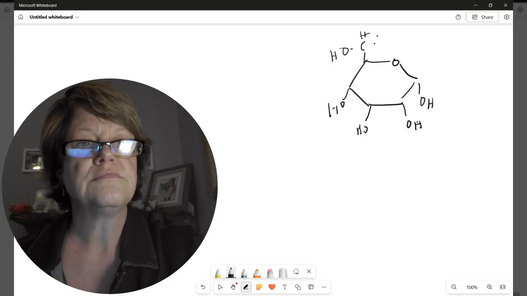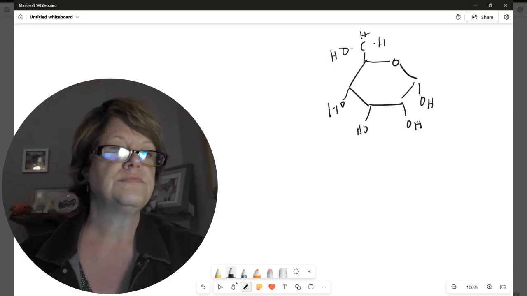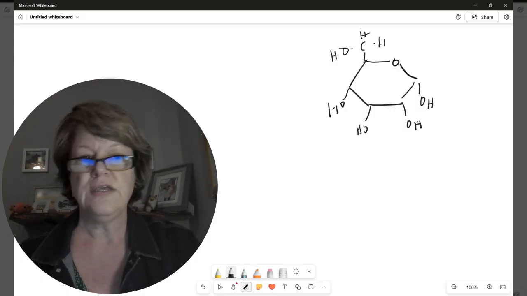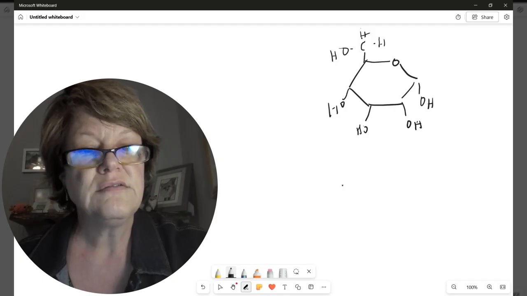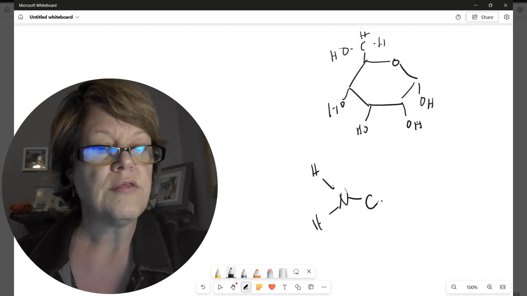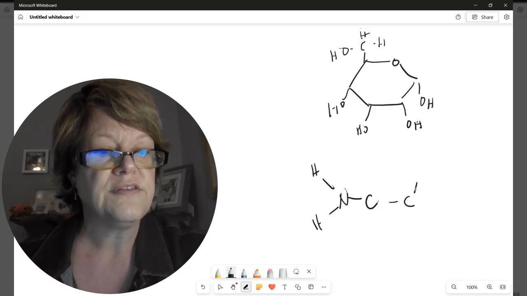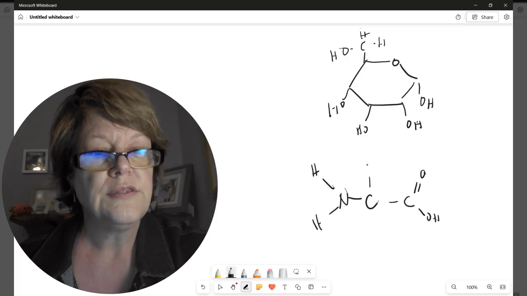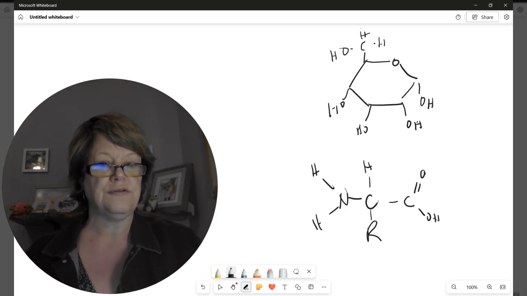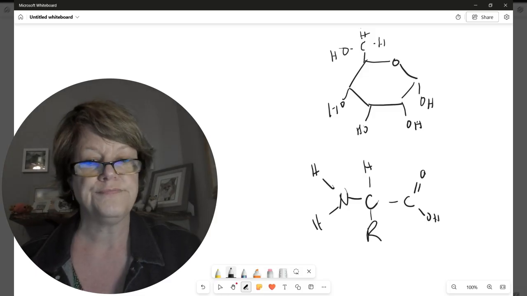That would be glucose, for example, a monosaccharide. An amino acid is the one that has an amino group, what's called the alpha carbon in the center, a carboxyl group, a hydrogen, and some kind of other side chain or variable chain represented by R.